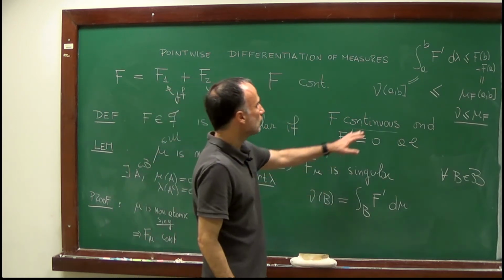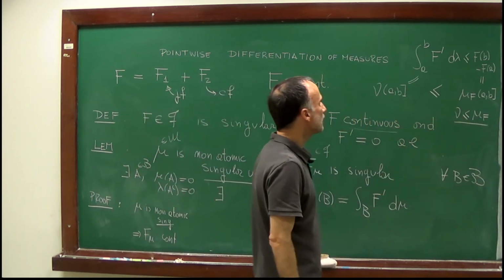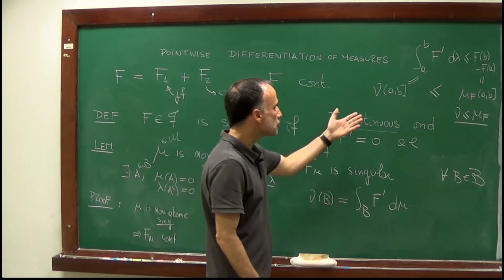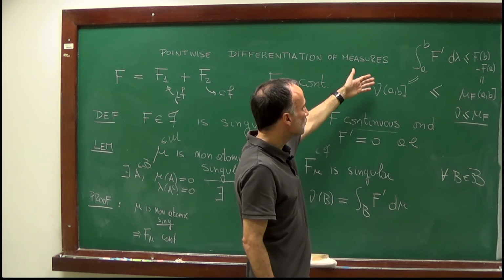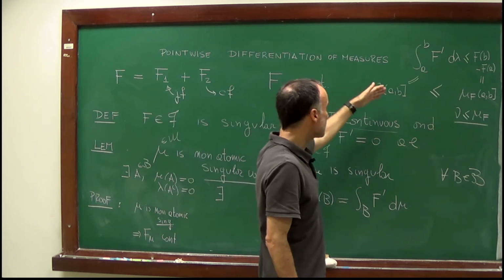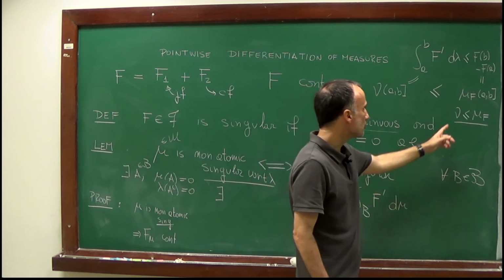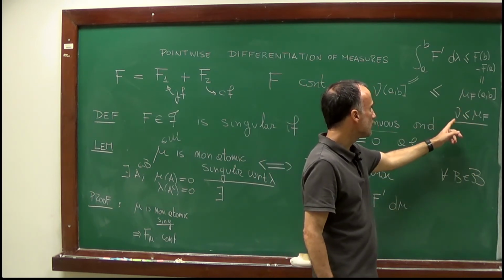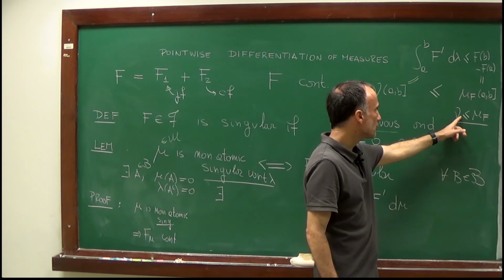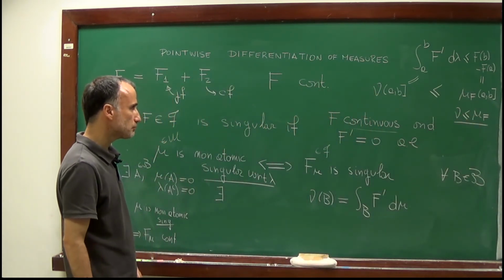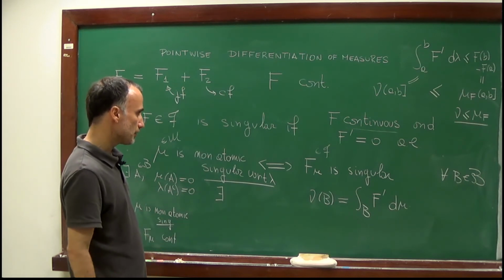So, well, we have this inequality, then we extend this inequality to the algebra, and then by the monotone class theorem, we extend this inequality to all elements of the sigma algebra. So what I'm writing here is that for all elements of the sigma algebra, nu of B is less or equal than mu_f of B. So we have this inequality.